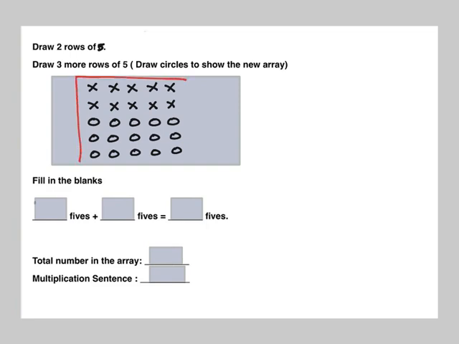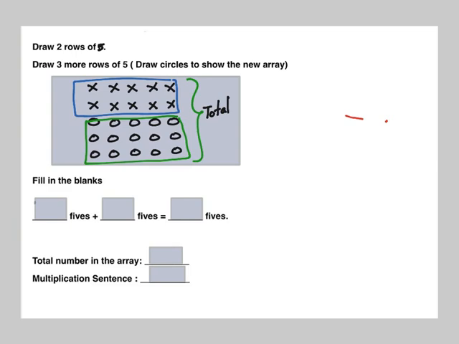To find the total number in the array, we have to add all of them. So let us add the x's and the circles together. So we have to add the x's as well as the circles together to get the total number of items in the array.